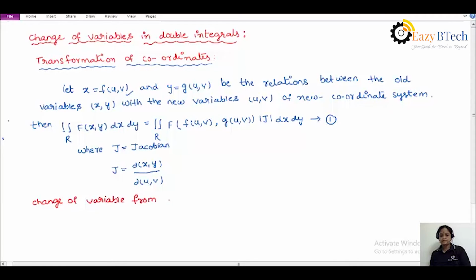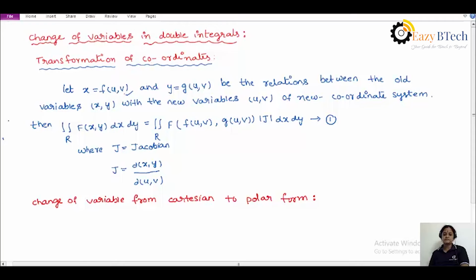from Cartesian to polar form. Okay, change of variables here in double integration, the transformation of coordinates, students.